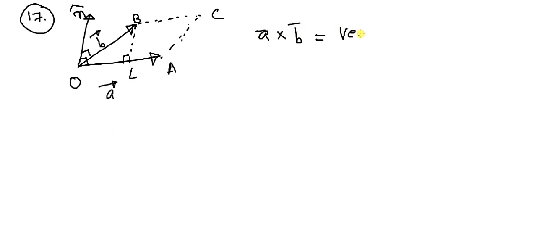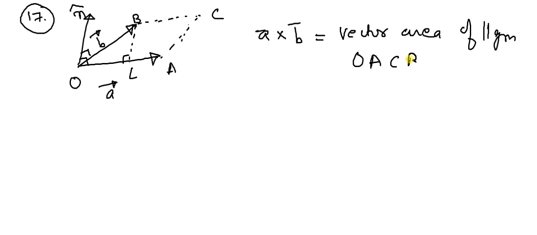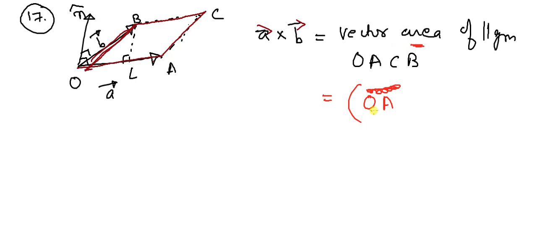It will be the vector area of parallelogram OACB. As you can see, this parallelogram I'm talking about, this whole area will give you the value of A cross B vector. So it should be equal to OA vector, this first vector, only its magnitude, because we're considering area here, OA into BL.